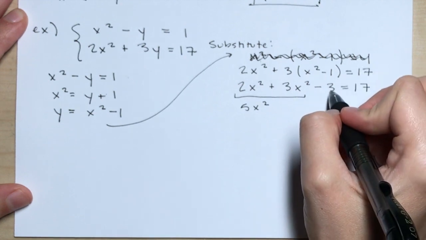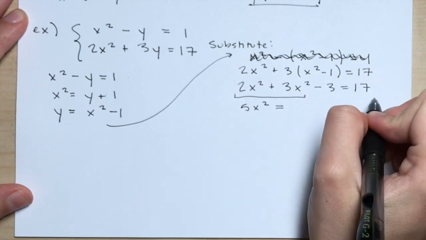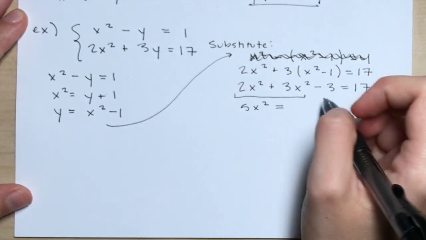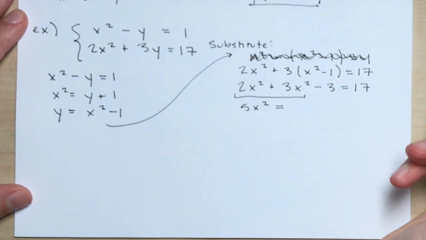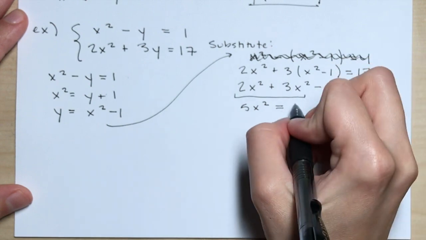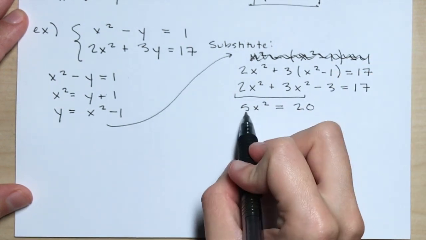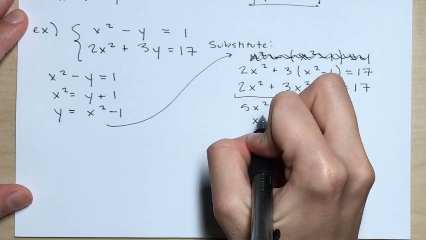I bring this guy over to the other side. I know normally we want to bring it to the left so that it's all on one side, but in this situation, you'll see what happens. If I bring this over, I get 20. So now I can isolate x further by dividing by 5, both sides.